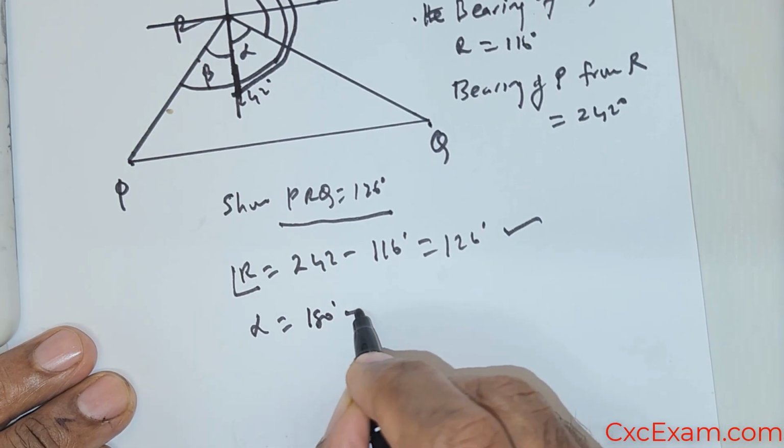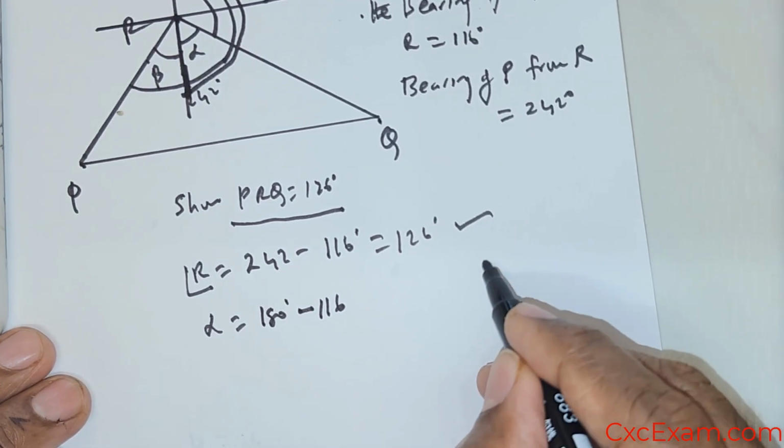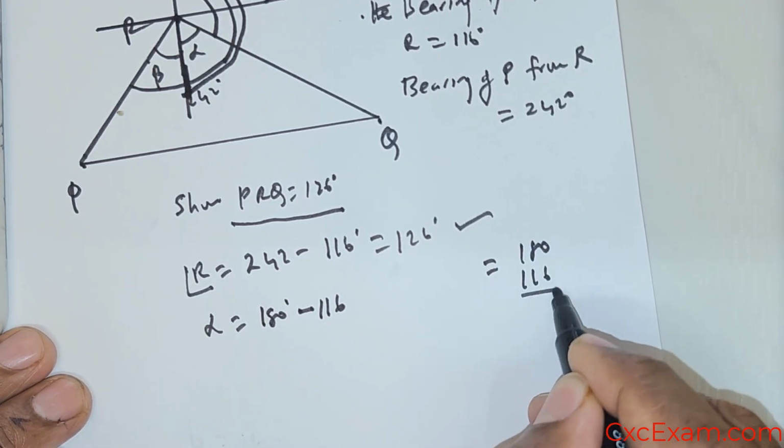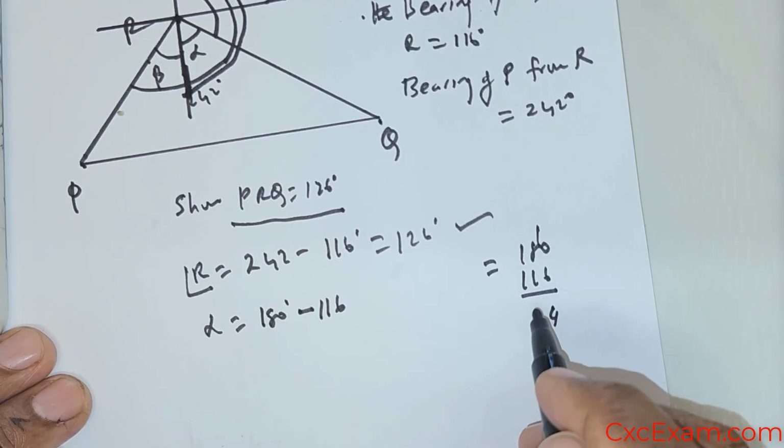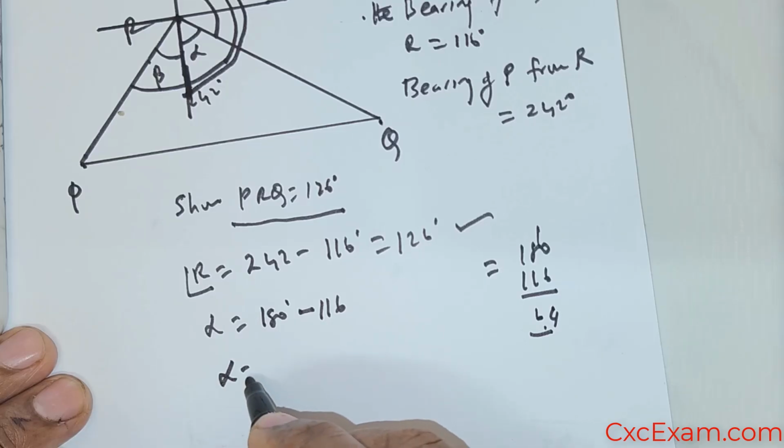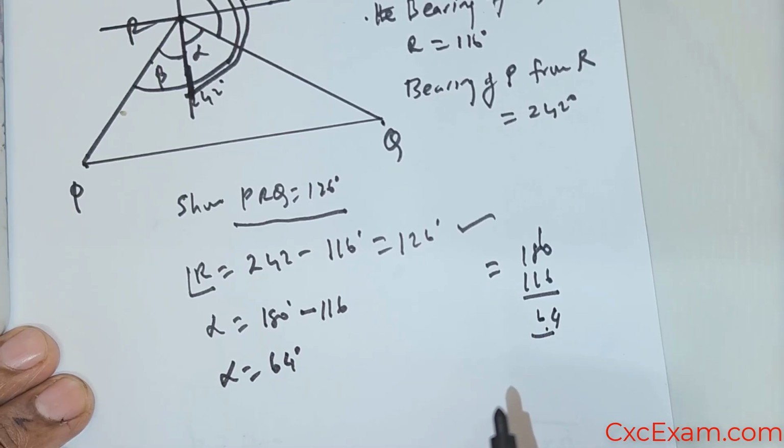So from 180 degrees you take away 116 degrees. So what do you get? 64. So alpha is equal to 64 degrees.